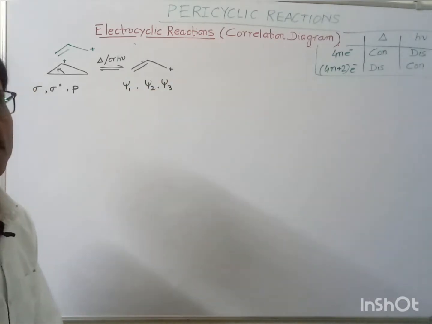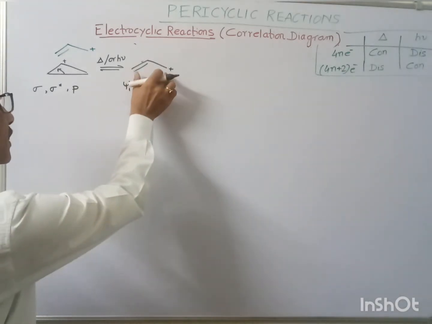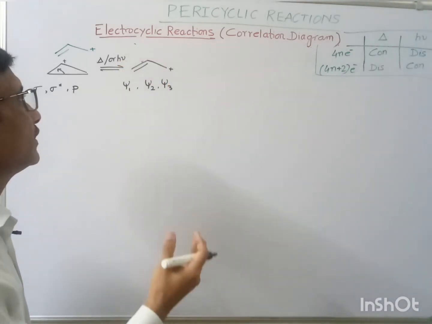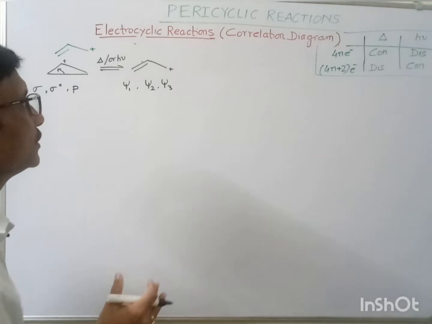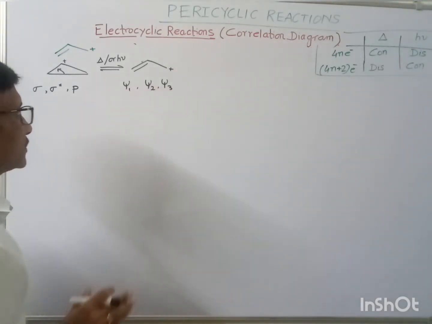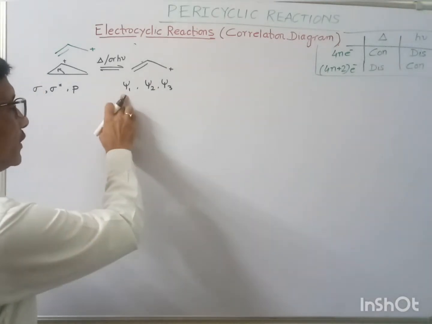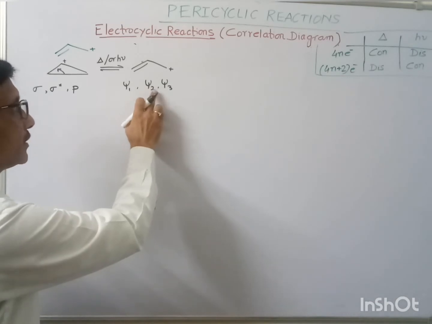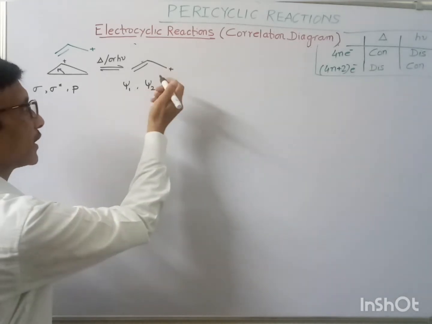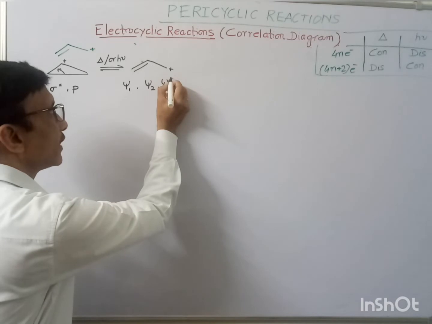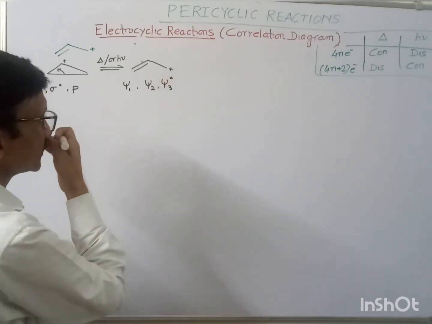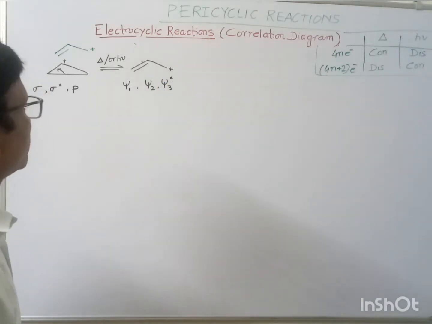So these are the three molecular orbitals for the allylic cation. In the same way, the allylic anion will also have three molecular orbitals. One is bonding, this is non-bonding, and this is anti-bonding, which I can write as psi3 star.